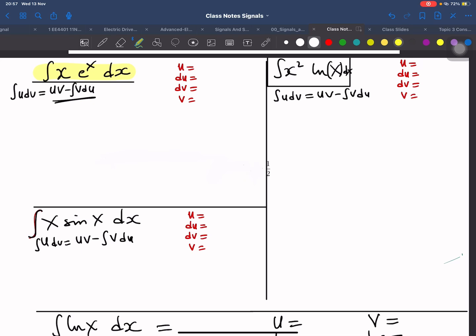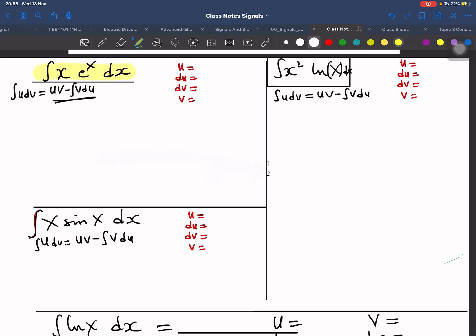If you make x your u, then e^x dx becomes dv. And another one, if I make e^x my u, then x dx becomes the dv. So just pay full attention. When you follow up, the explanation will be very easy with examples.